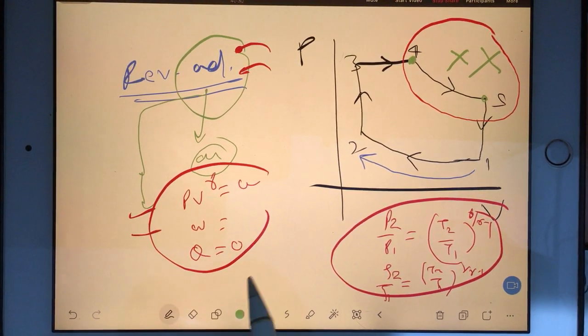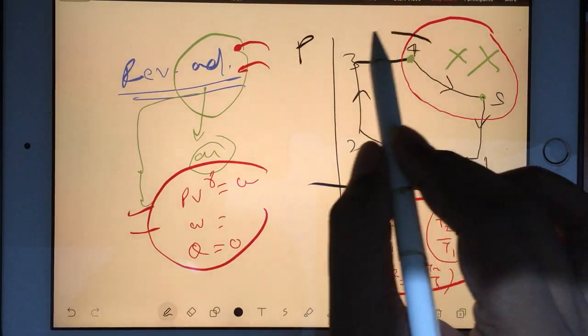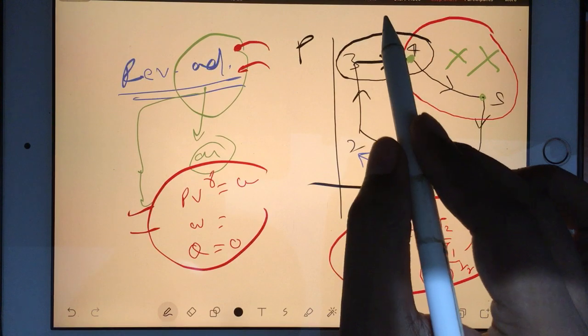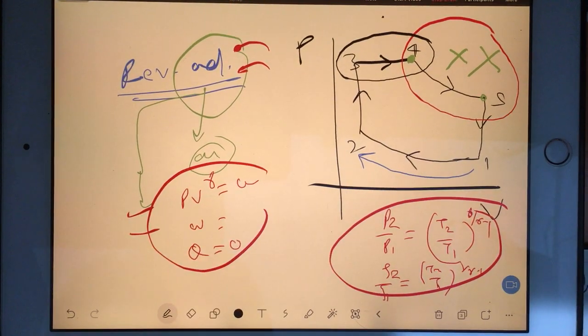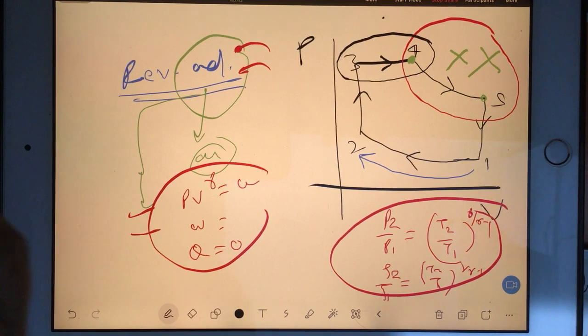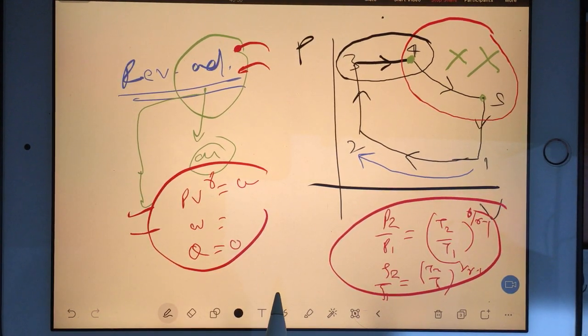Now you tell me, Dhruv, in 3 to 4, what will be the name of the process? Yes, yes. Very good. Another word?